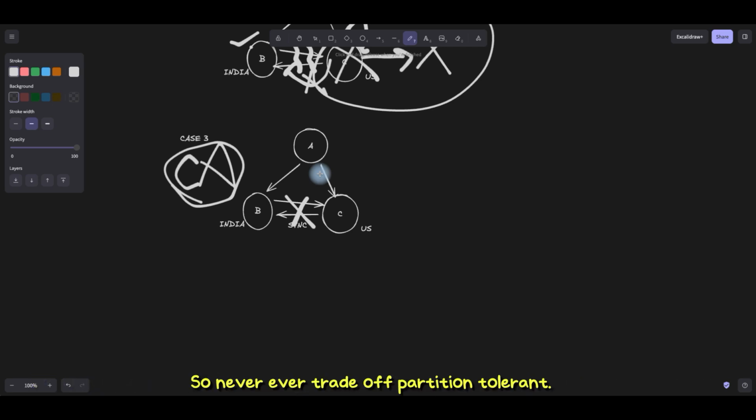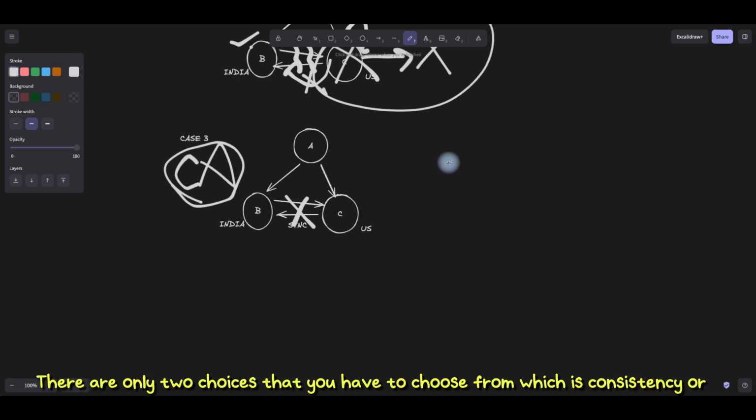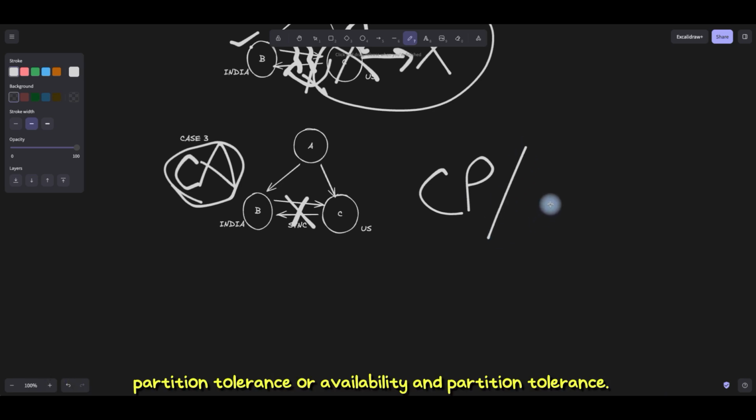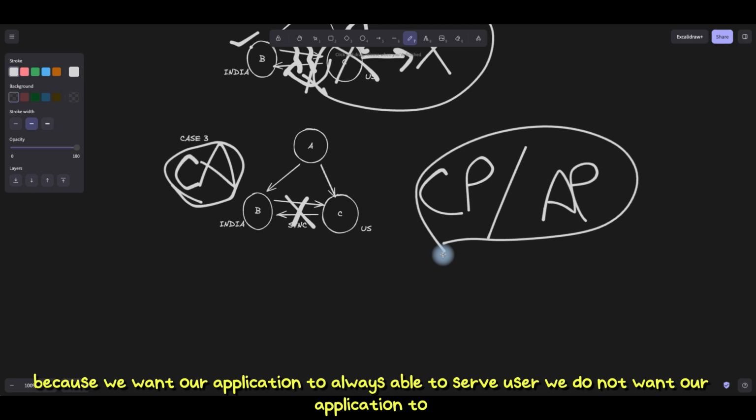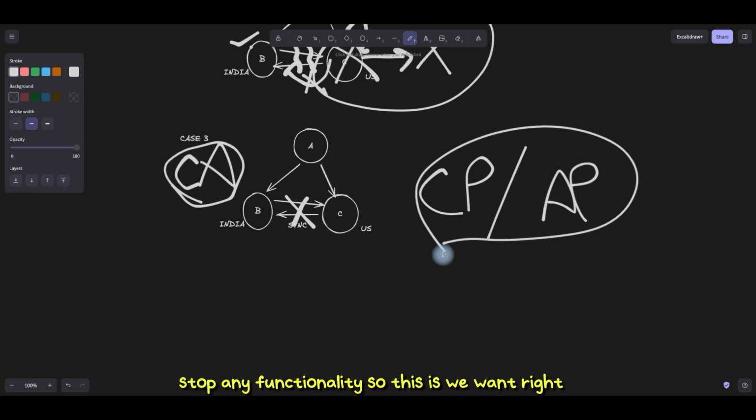So there are only two choices you have to choose from: consistency and partition tolerance, or availability and partition tolerance, because we want our application to always be able to serve users. We don't want our application to stop any functionality. This is what we want, right?